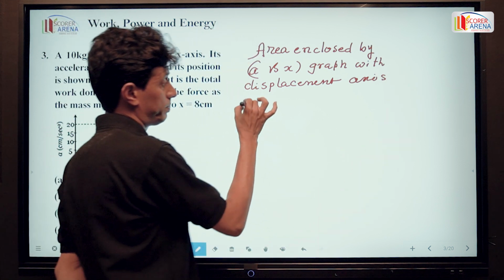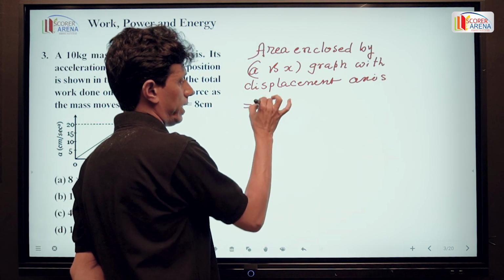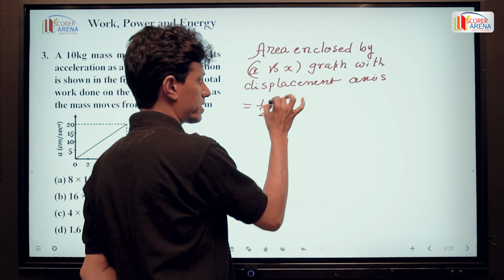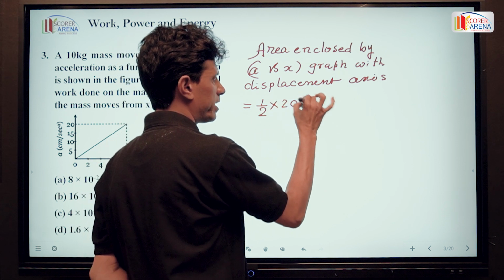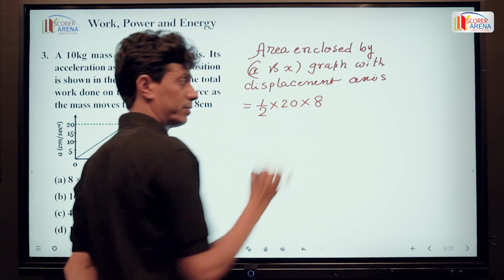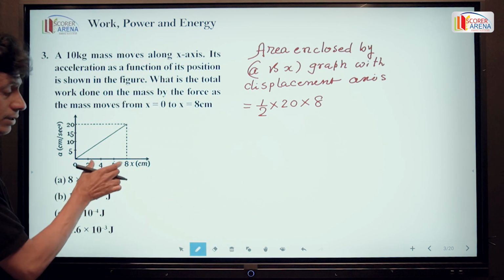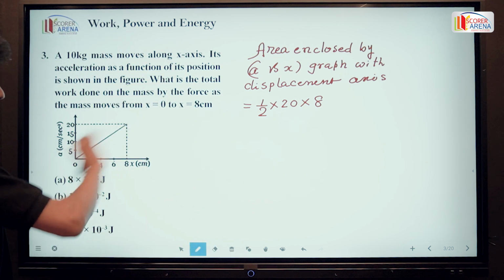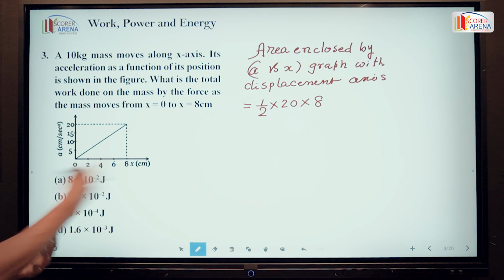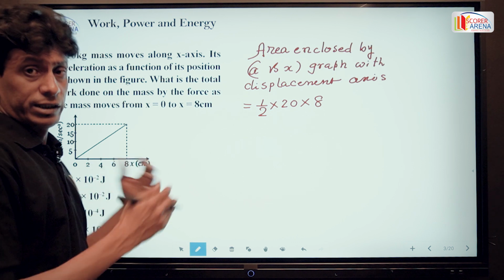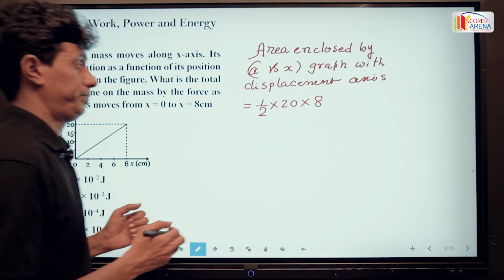It is actually the area of the triangle, that is half into 20 into 8. 8 is the displacement up to which the particle is moving under the variable acceleration.